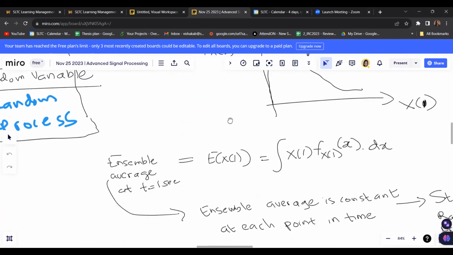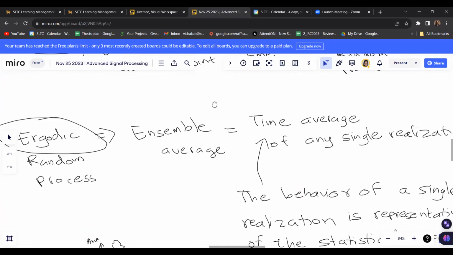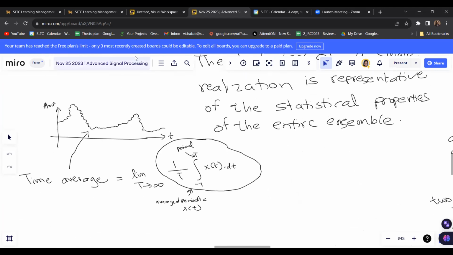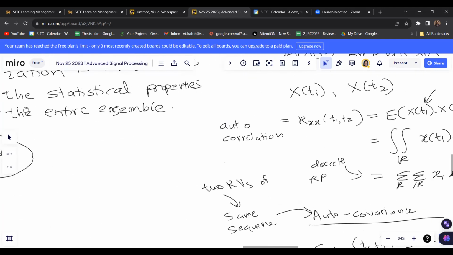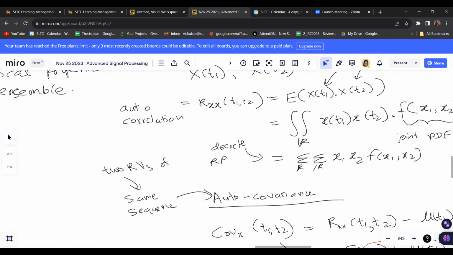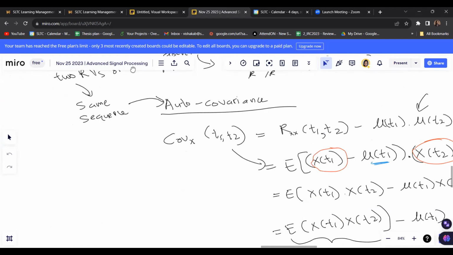The autocorrelation function is very important, mainly in signal processing.